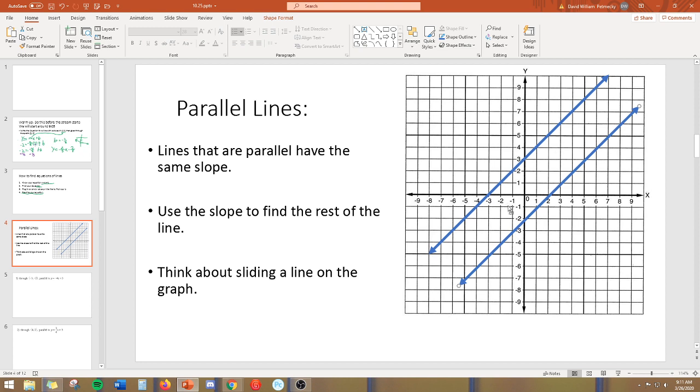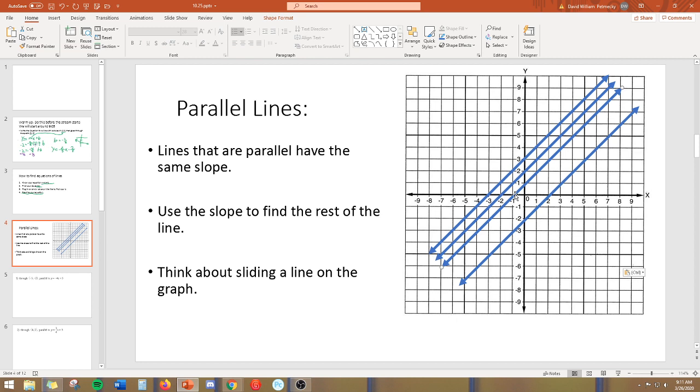I just copy them, and boom, now we have another parallel line. And hopefully that makes sense. How we have those parallel lines, they have the same slope. What's different about these is, even though all these slopes are 1, the y-intercepts are different. And that's how we get different lines from the same slope.